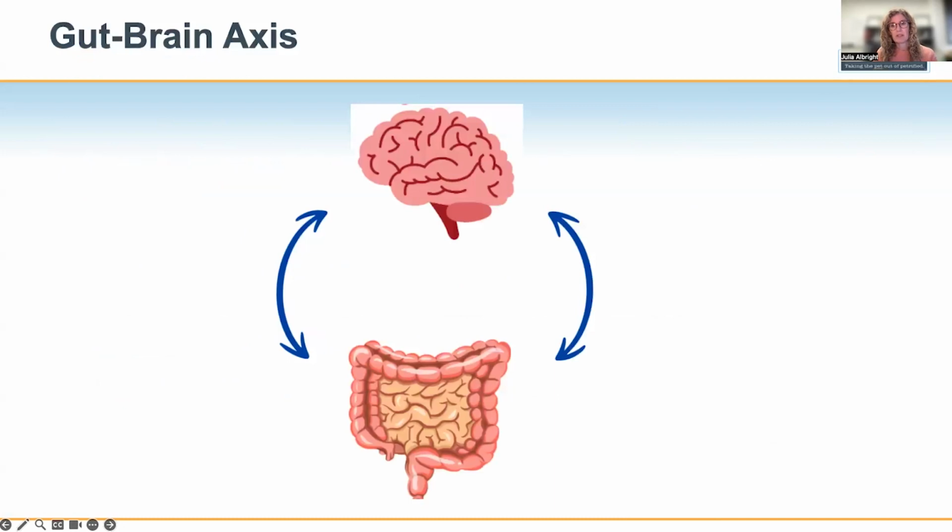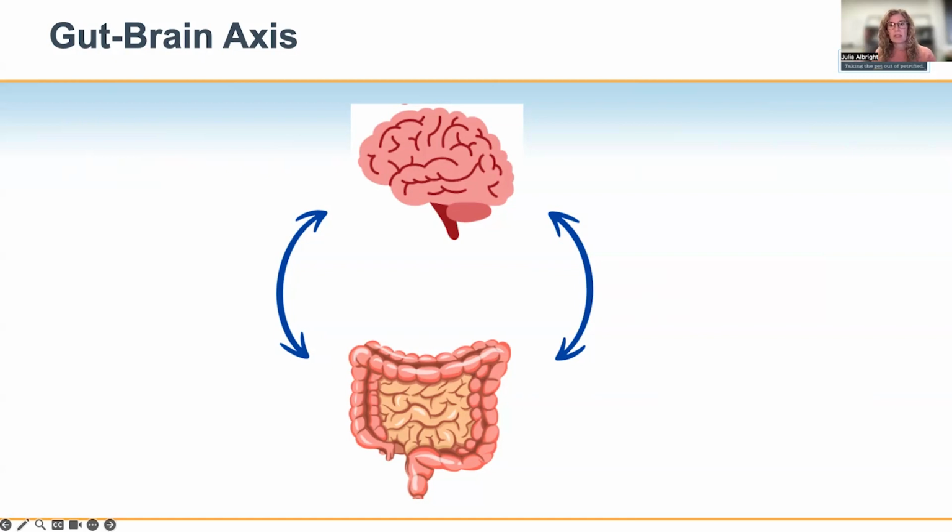If we look at other systems, such as gut health and the brain, the gut-brain axis has received extensive attention in the last decade or so. What is the gut-brain axis? It is this complex bidirectional communication between the gut and the brain, and we know now that it is vital for homeostasis of both organs.